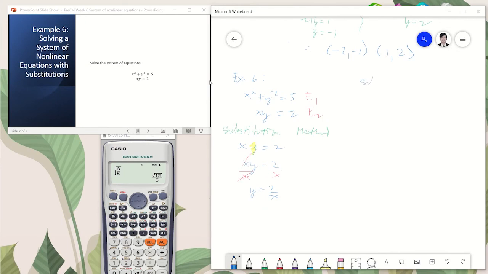Then you substitute equation 3 into equation 1. The y is 2 over x, so you enclose it in a parenthesis.